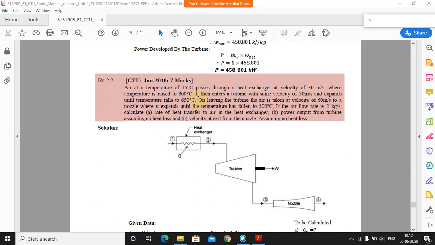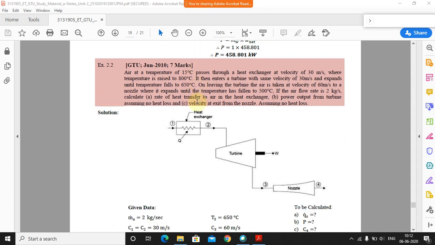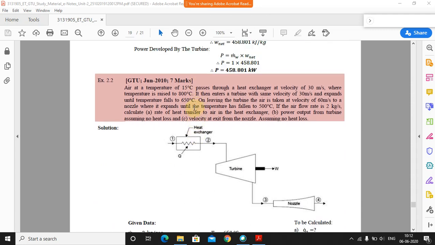So again, this is somewhat different type of problem. First of all, I'll read the problem statement. Air at a temperature of 15 degrees Celsius passes through a heat exchanger at a velocity of 30 meters per second, where the temperature is raised to 800.